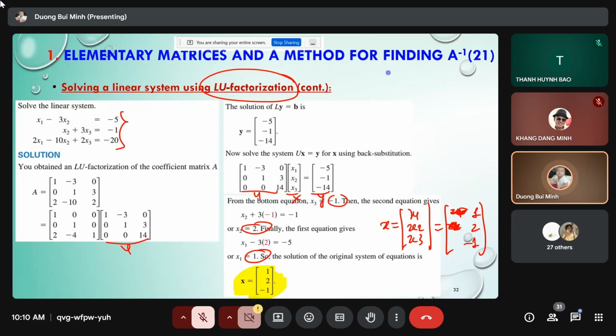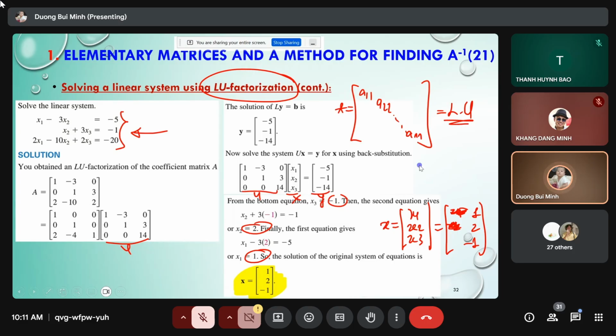Because sometimes the linear system has many variables. If we have A with A11, A22, up to ANN, many variables, it is very difficult if we apply Gaussian elimination. So we just modify A as L times U, and maybe you can reduce the computation time to get the solution of linear systems.